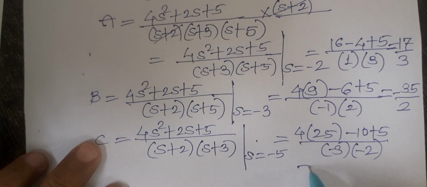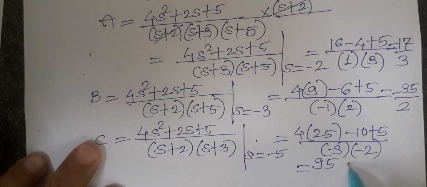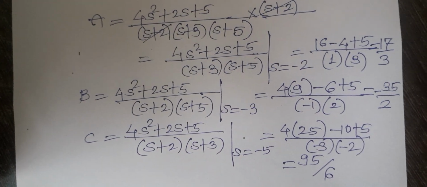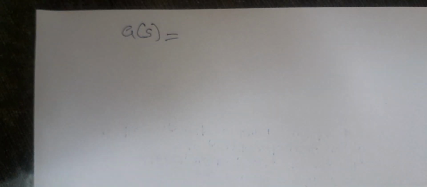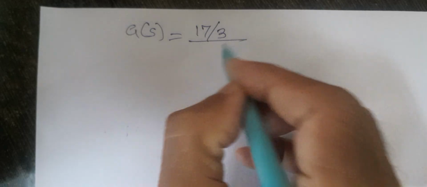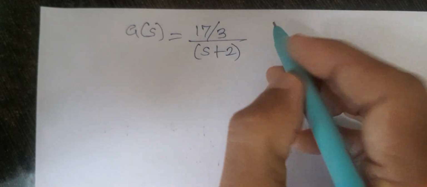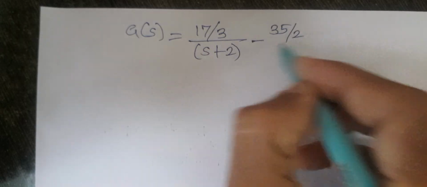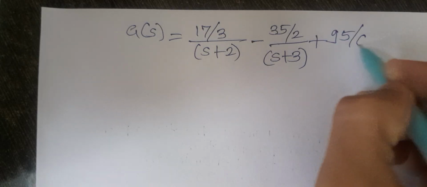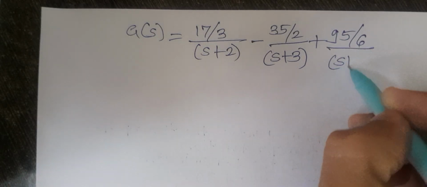We get 95 by 6. Now we have the values of A, B, C. So G of s is equal to 17 by 3 divided by s plus 2, minus 35 by 2 divided by s plus 3, and 95 by 6 divided by s plus 5.